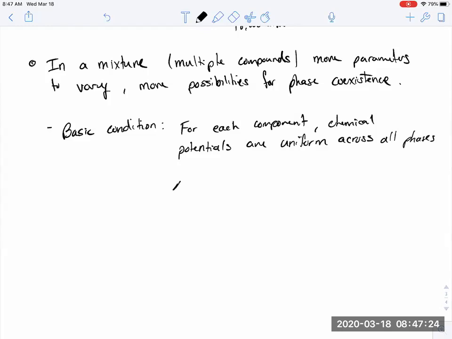That is, the chemical potential of component 1 in phase alpha, which will depend on temperature, pressure, and now the mole fraction of component 1 in phase alpha and the mole fraction of component 2 in phase alpha, must be equal to the chemical potential of phase gamma for component 1 with those same control parameters, its mole fractions, temperatures, and pressures.